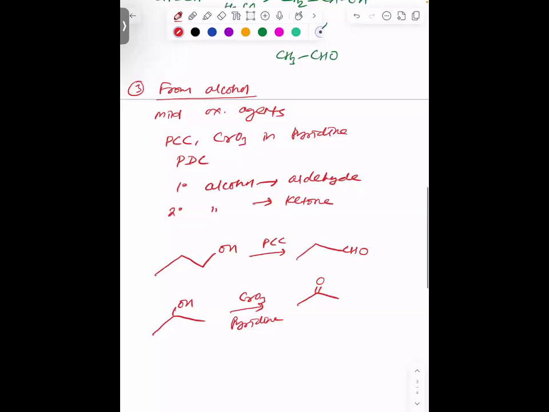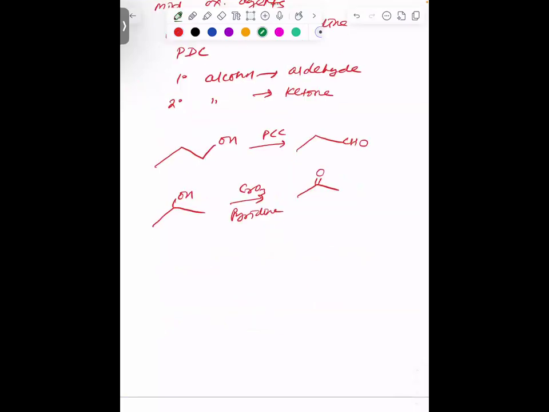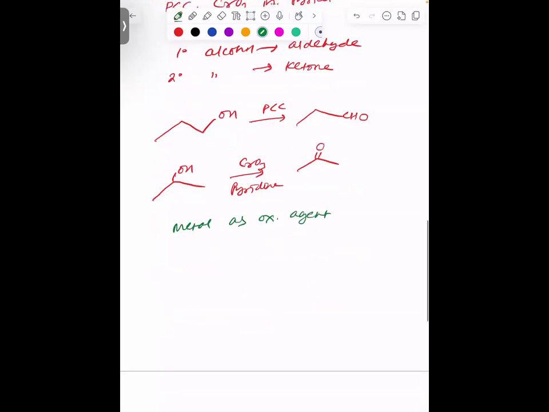You understood. Another thing is metal as oxidizing agent. So which metal? We can take metal copper or silver at about 300 degree centigrade. Copper or silver at about 300 degree centigrade.